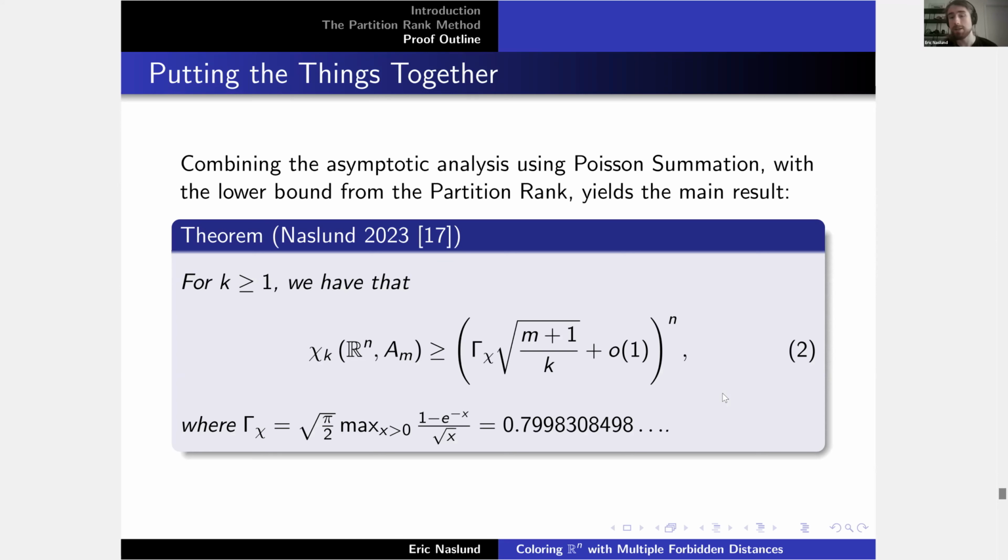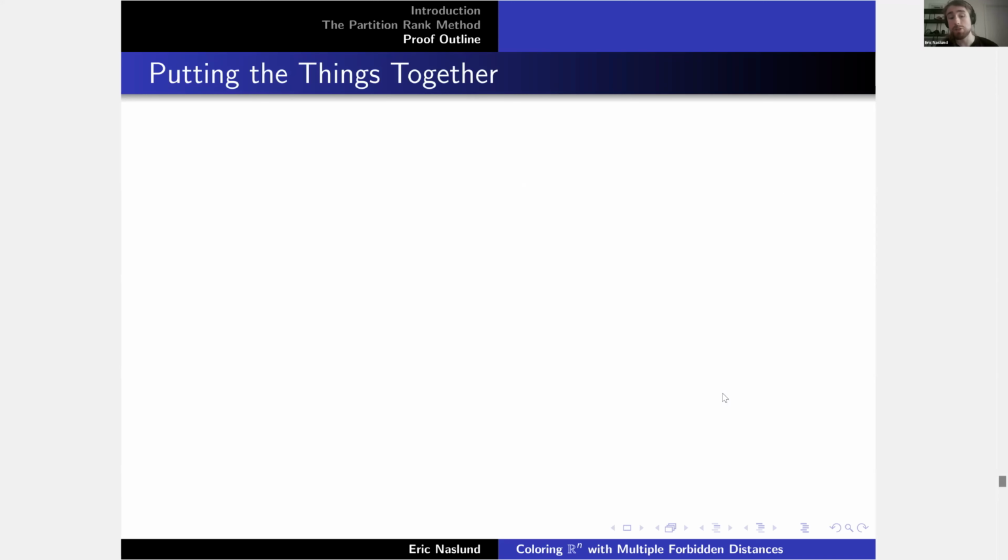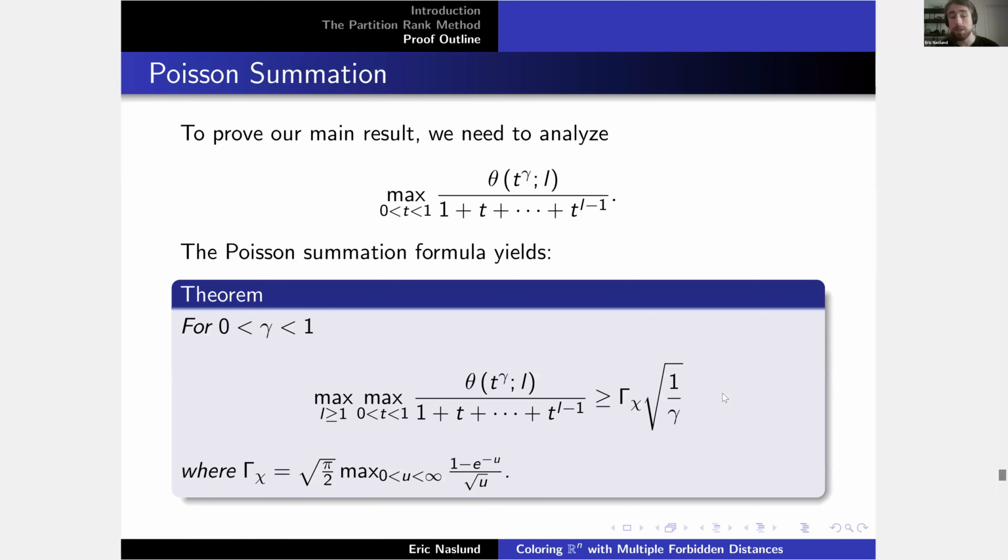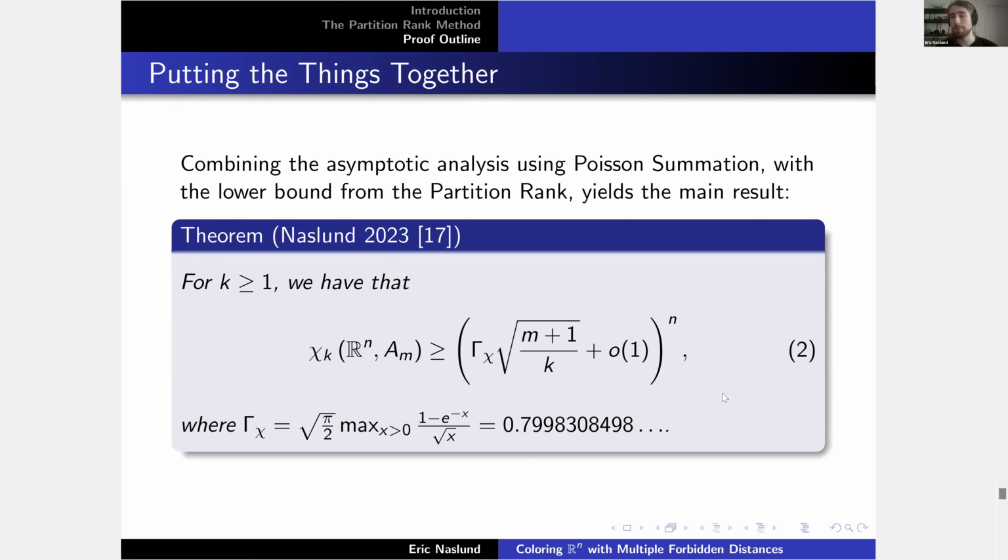It's just not very exciting. So when m is very close to k, the method still gives a bound. This maximization still gives you something, but the result I quoted is not actually meaningful there.